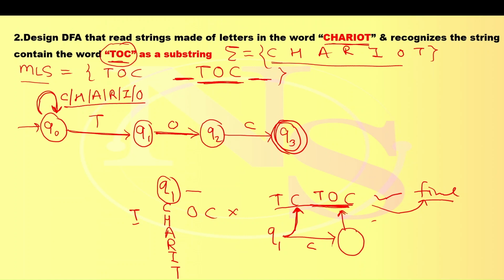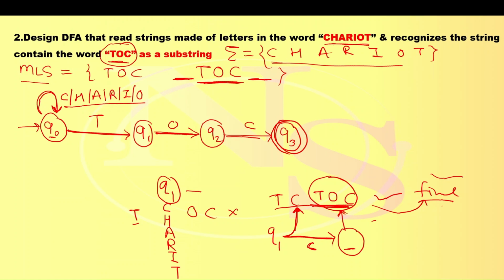Hence, the automata is saying that transition from Q1 for the symbol C will go to some other state. That other state will read the TOC. From that other state, there will be a path for the TOC which will go to the final state. So which is the state here which will read the TOC? Check here Q0, Q1, Q2, Q3. Which is the state? Check for the Q0. Is there any path from Q0 for TOC going to final?